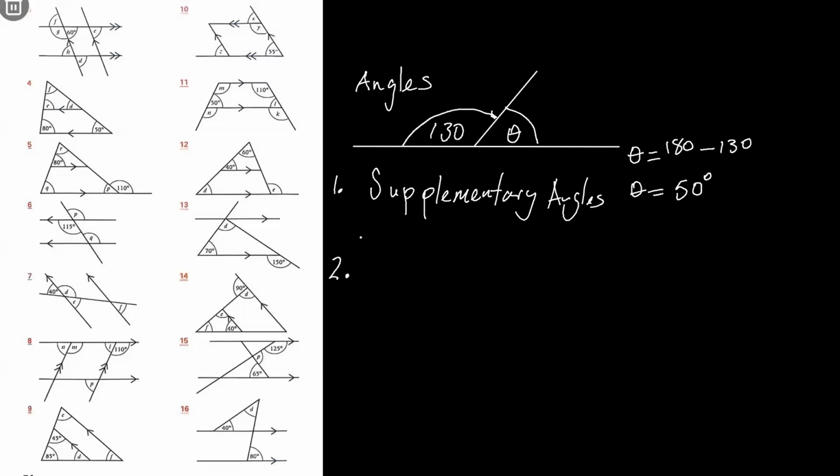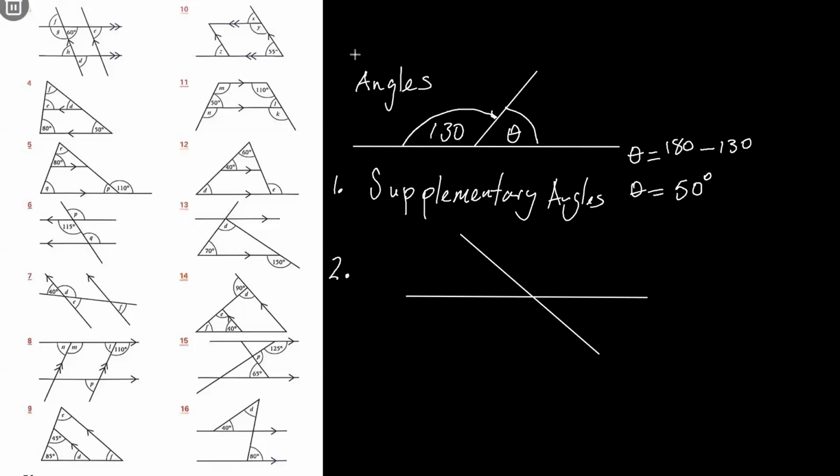Vertically opposite is when two lines cross each other. So once you have a line crossing another, the opposite angles are called vertically opposite.